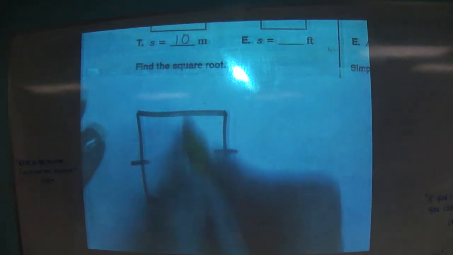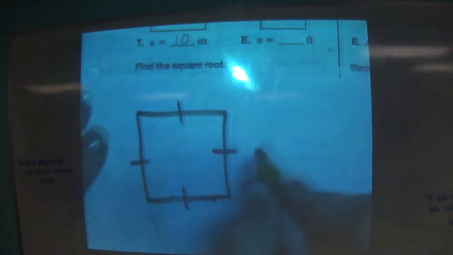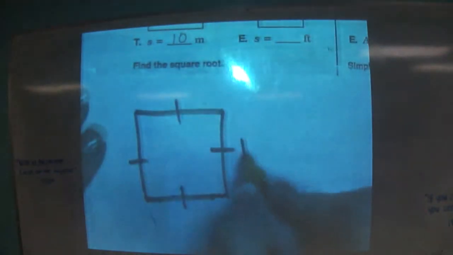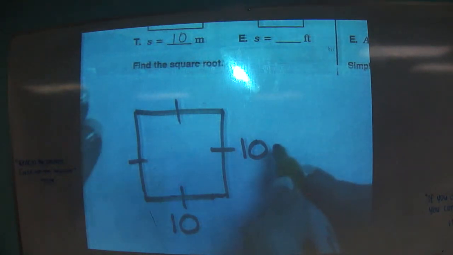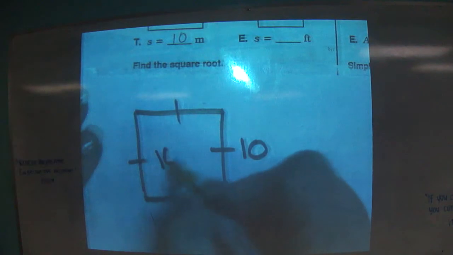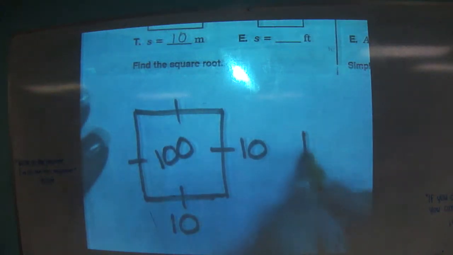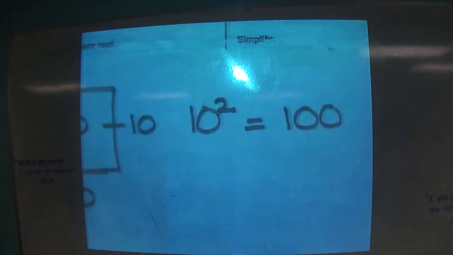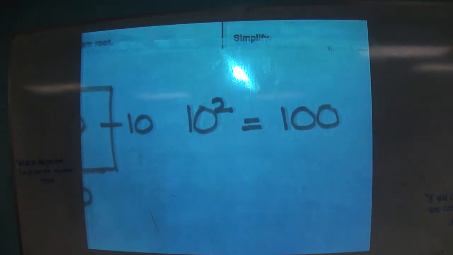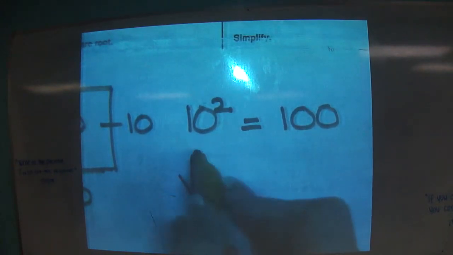In this example, this is 10 and this is 10. 10 times 10 is 100. So 10 squared equals 100.